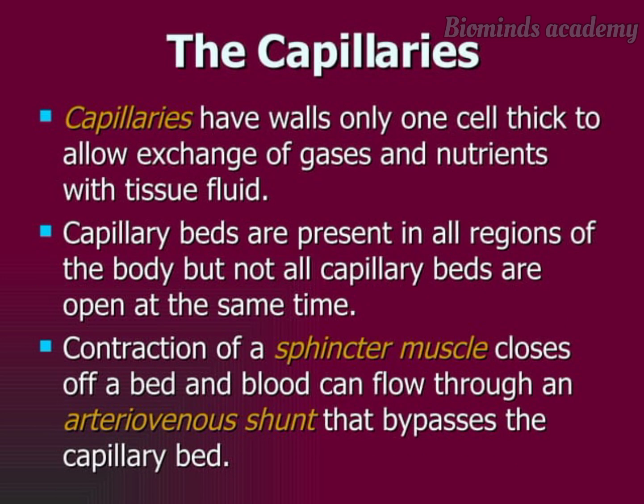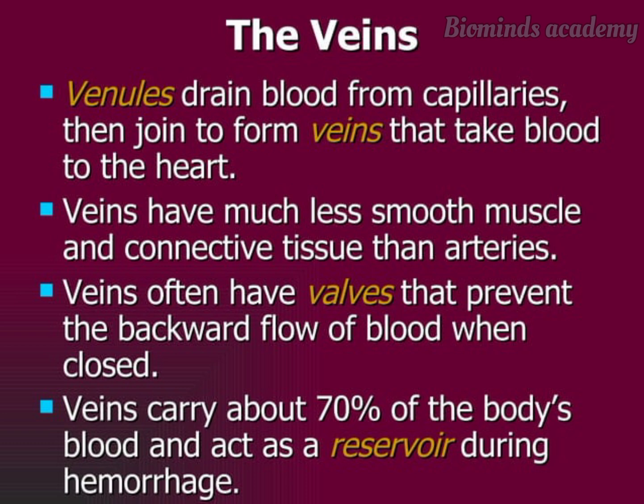Capillaries have walls that are only one cell thick, which facilitates the exchange of gases and nutrients with tissue fluid. The capillary beds are found throughout the body, but not all capillary beds are open simultaneously. The contraction of a sphincter muscle can close off a capillary bed, allowing blood to bypass it through an arteriovenous shunt.